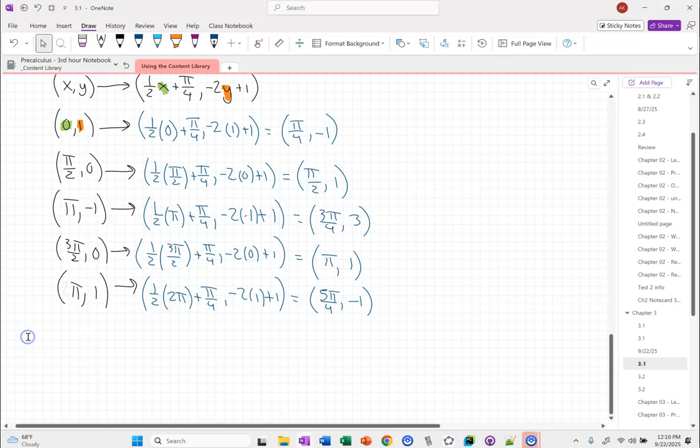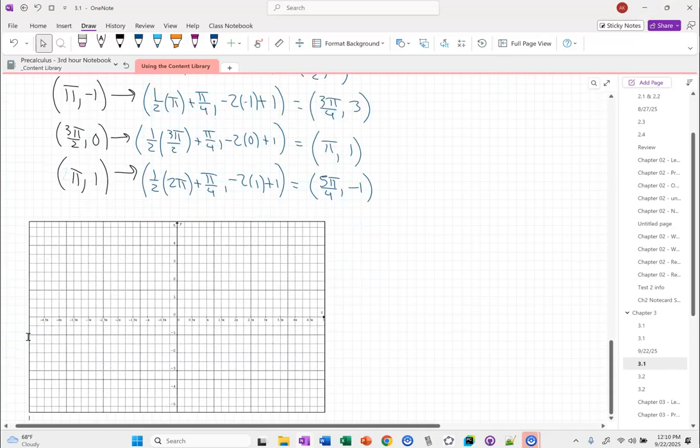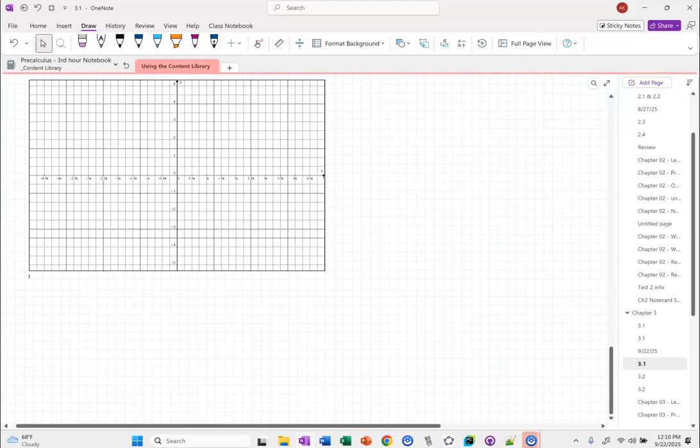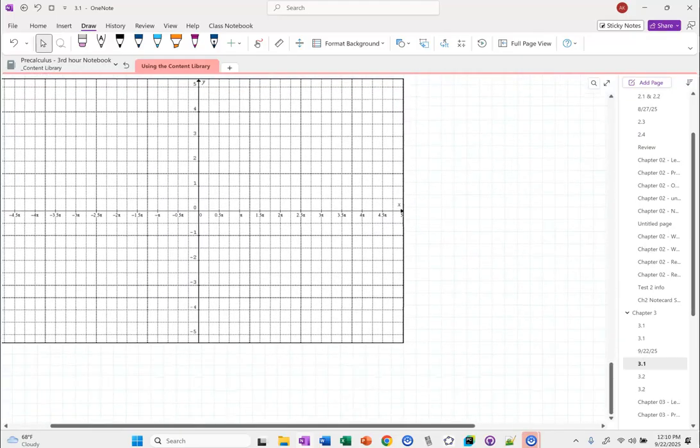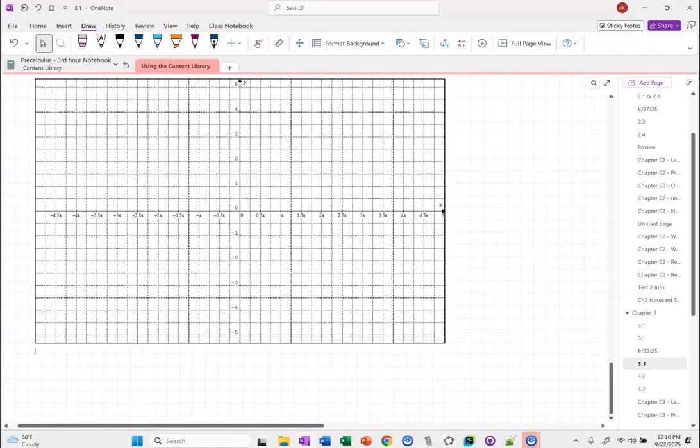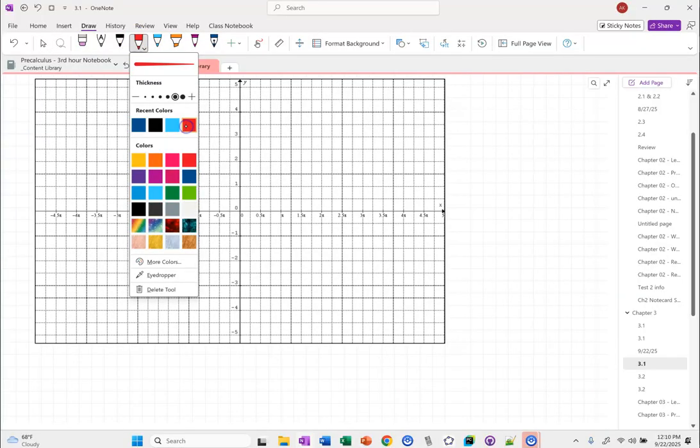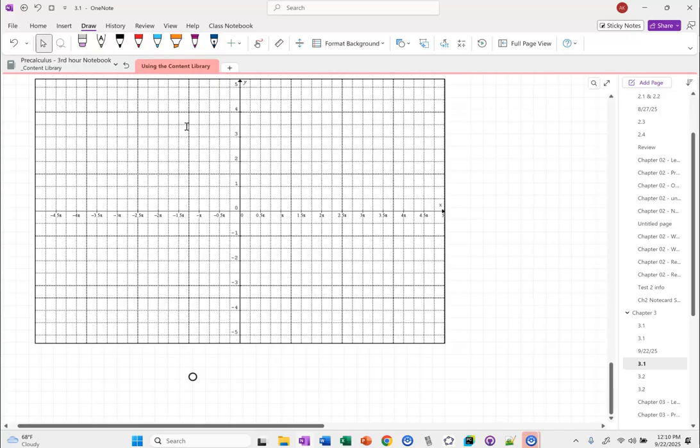Drop it in. So notice that every tick mark here is a quarter. If I look at the x-axis, the major grid lines, or the labeled grid marks, are halves.